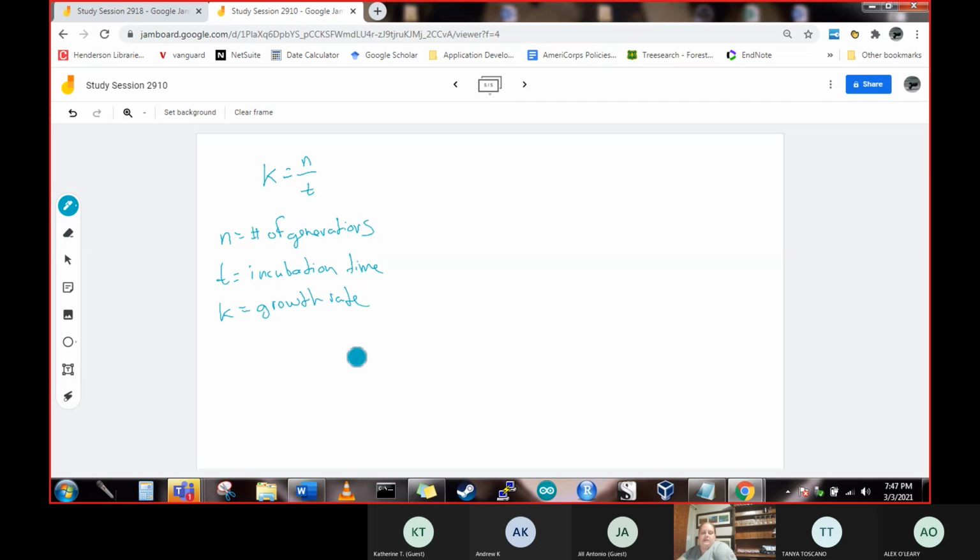So basically, what this equation is describing is a rate, which is always going to be the slope of a line. So if we were looking at this on a graph, we would have our incubation time down here, for example, like 24 hours, 48 hours, etc. And here we would have each of our generations of bacteria.